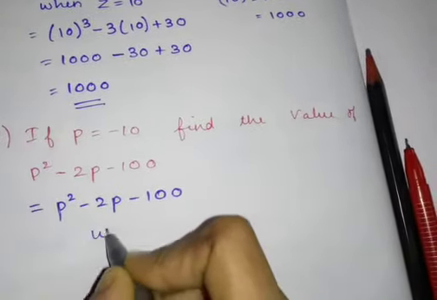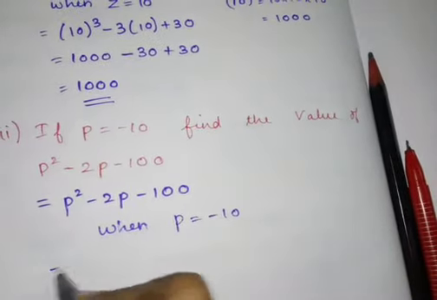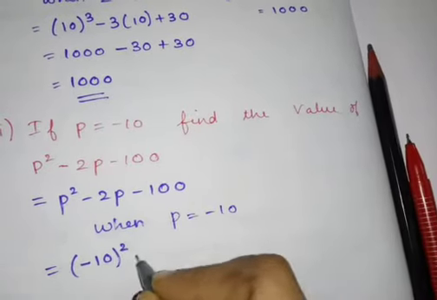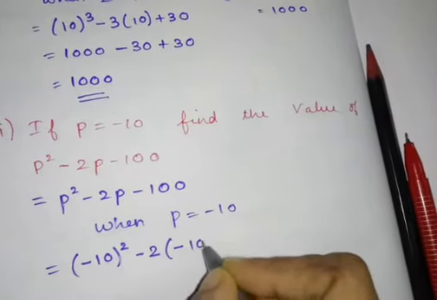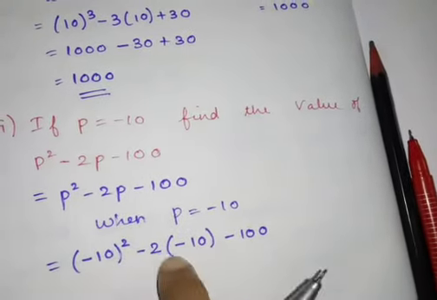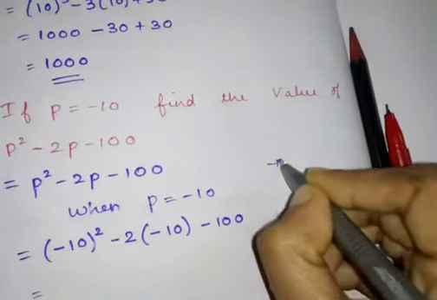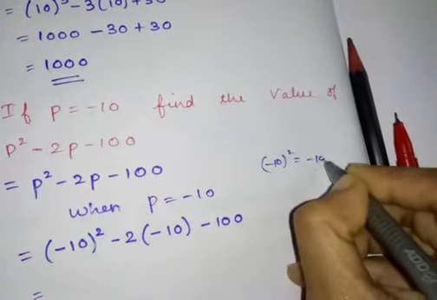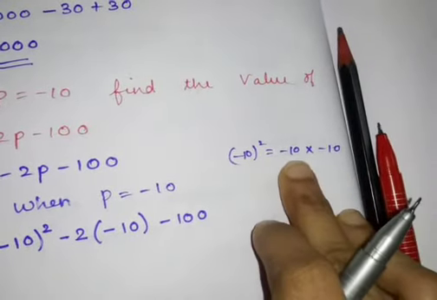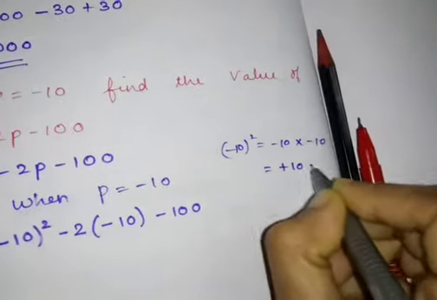Next, when p is equal to minus 10, what is the substitution? Minus 10 the whole square minus 2 into minus 10 minus 100. So what is minus 10 the whole square, children? Minus 10 into minus 10, which is plus 100.